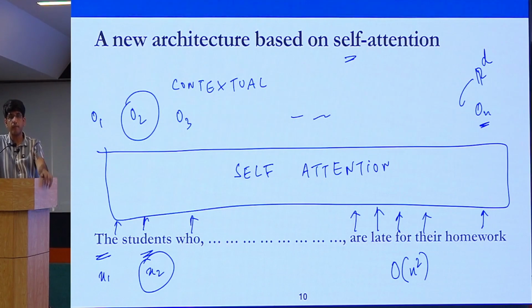Question: Is there a relation between the size of the context window and D? Not necessarily, but if you have a bigger GPU and a larger compute budget, then you want to increase both.